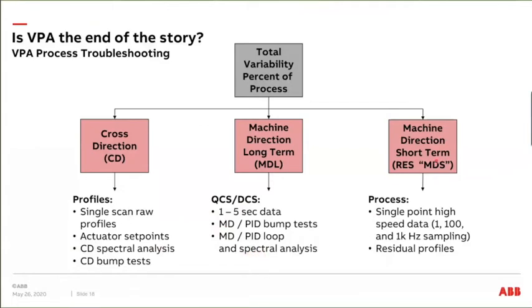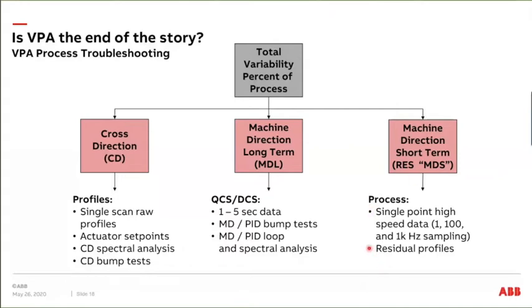The MDS, or the short term, has some sources, like I mentioned, 600 data boxes, 30-second scan, as fast as 10 hertz variability that you can see. It is important. I've got another example here to get your mindset on that. We'll look at, say, single point high-speed data collection. MDS is also this residual profile.